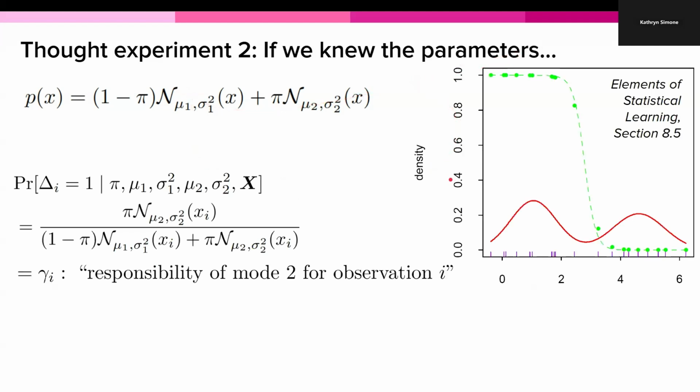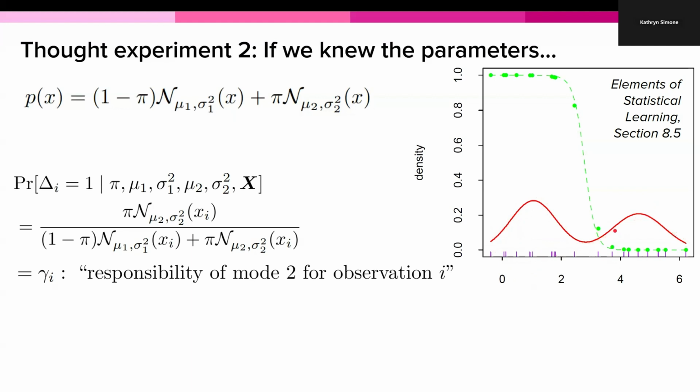For instance, with the parameters in hand, we could plot the probability density function, which is shown in red, the red curve in this plot. Each sample, represented by one of these purple dots, is going to have some density under both Gaussians. For example, this purple point here would have a high density under the first Gaussian, and a low density under the second Gaussian.